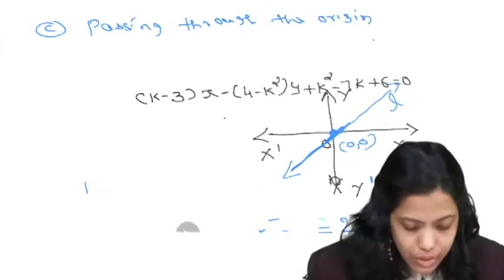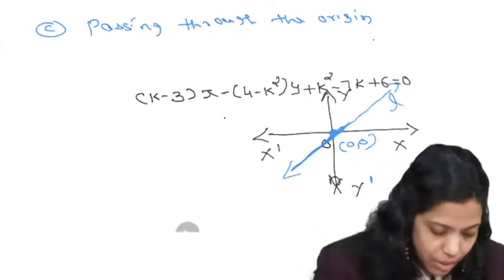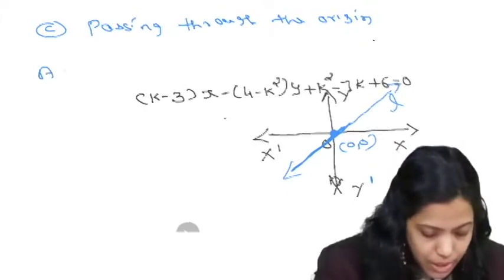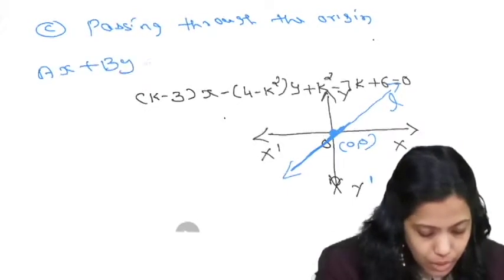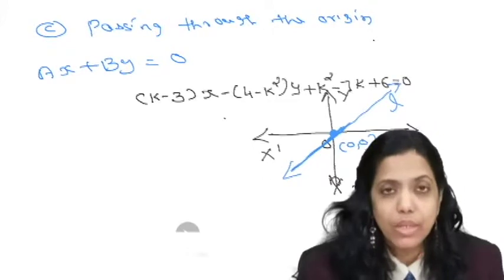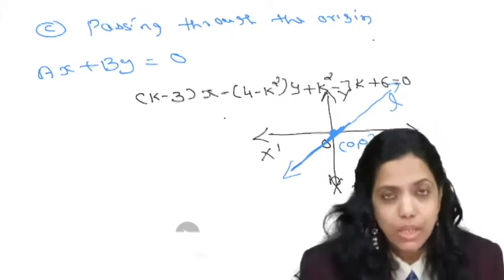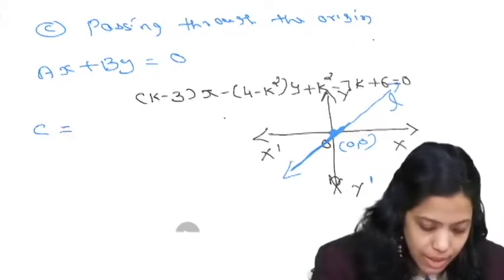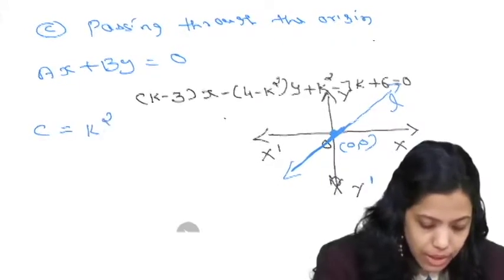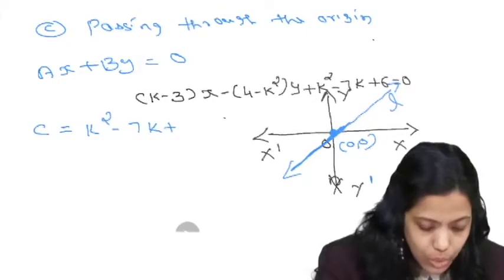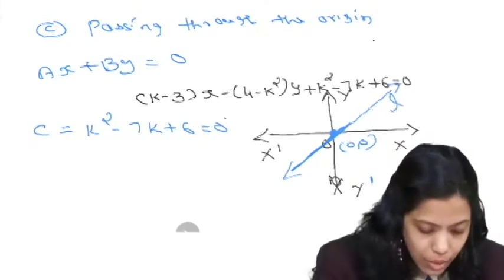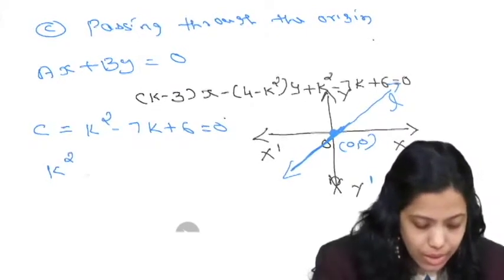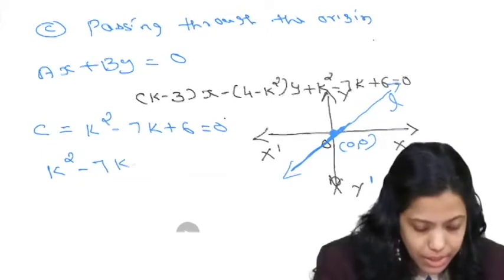We can use the concept of the equation passing through the origin, ax plus by equal to 0. So here we could say one thing, that the constant value turns out to be 0. So I can equate the constant c over here, from our given equation, k square minus 7k plus 6 equal to 0. So let me solve this quadratic equation, k square minus 7k plus 6 equal to 0.